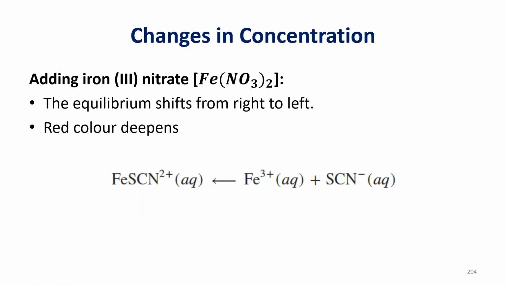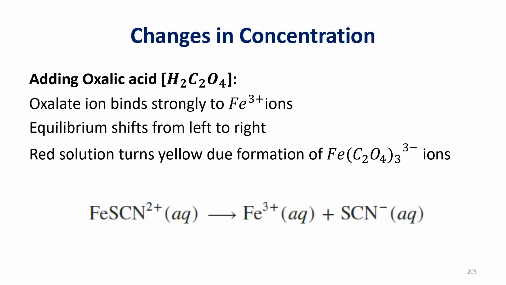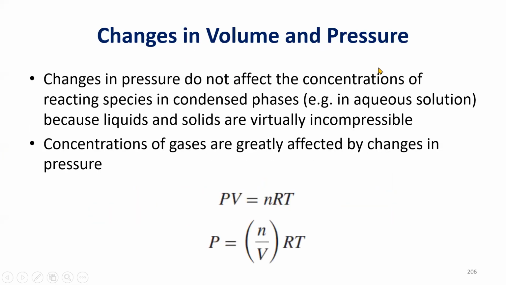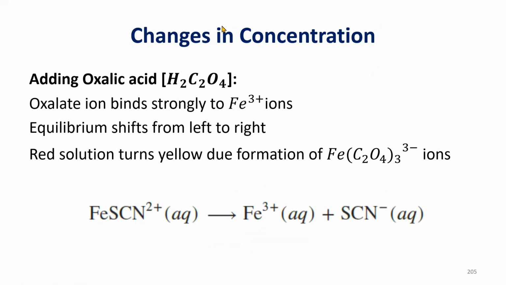We can consider another case where you're adding oxalic acid. So oxalic acid has this oxalate ion, which is C2O4, and then I think it has a charge of -2.